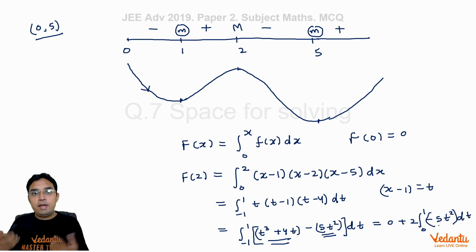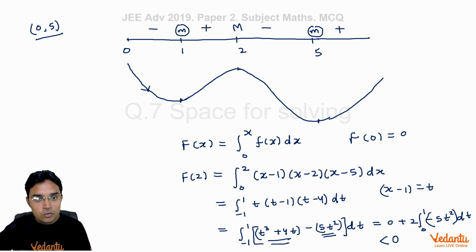Now this minus 5t square is a negative value and we are integrating from 0 to 1, so this integral has to be negative. We are not finding this value, but we are directly saying that it will be negative, which means, as I was saying, that from 0 to 1 it was already negative, 1 to 2 also it will be negative, and after 2 it will again start decreasing, so up to 5 it will be again negative only.